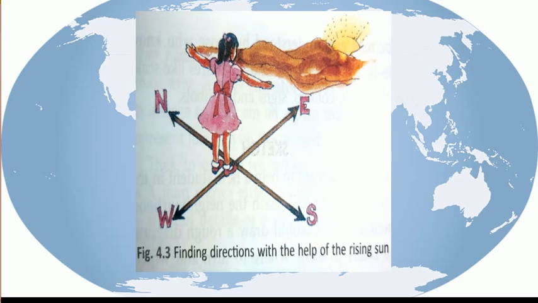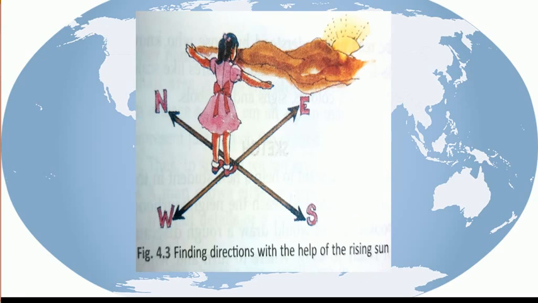If we stand facing the sun in the morning, then we face the east. The west is towards our back. The left hand points towards the north, and the right hand points towards the south. This is the very first way of finding the direction.